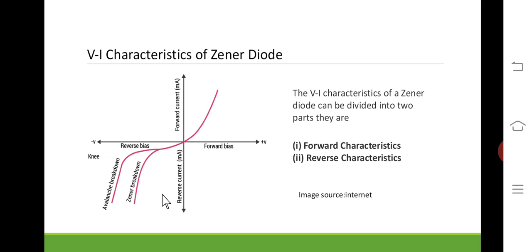An important point to remember: first you should know what the breakdown voltage is, and afterwards what the Zener breakdown and the avalanche breakdown are. To revise, what is the breakdown voltage?